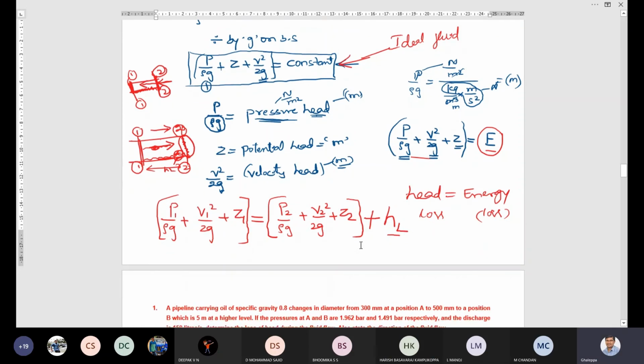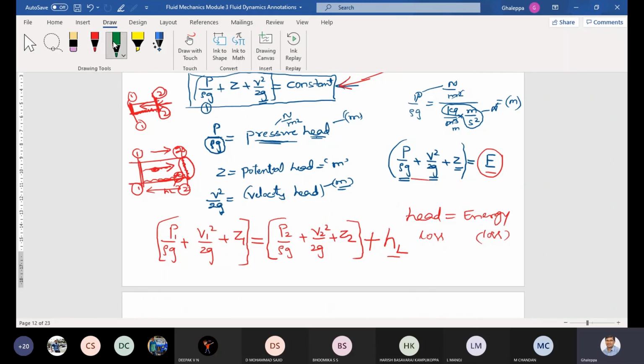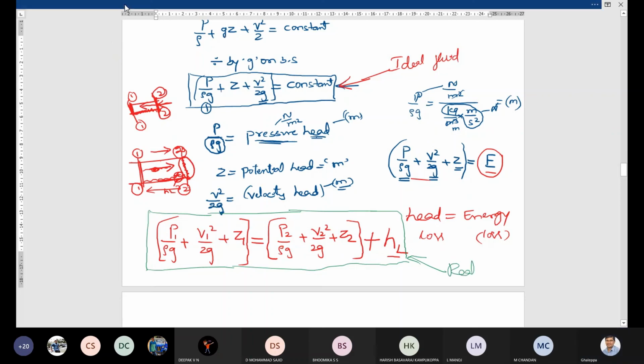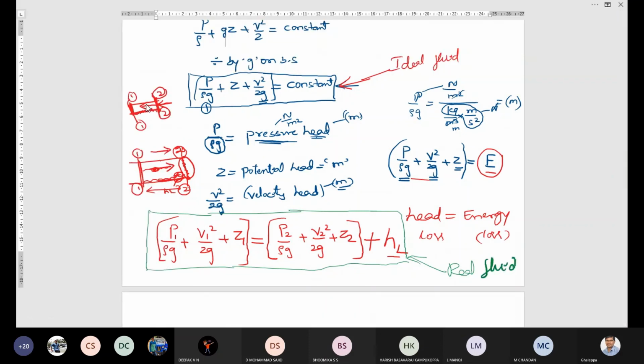Usually 99% we will assume like this only. We will take section 1 as inlet, section 2 as outlet. So always consider losses at the outlet, not at the inlet. Okay. So this is now Bernoulli's equation for a real fluid.